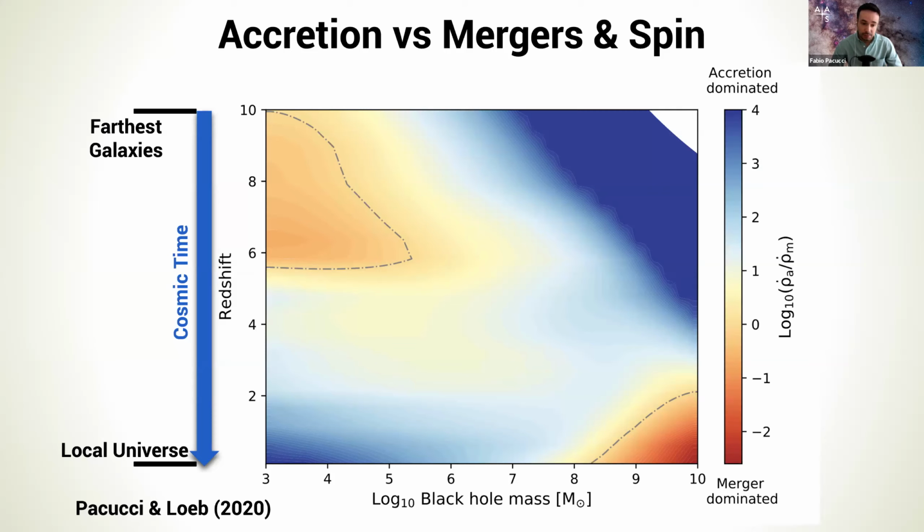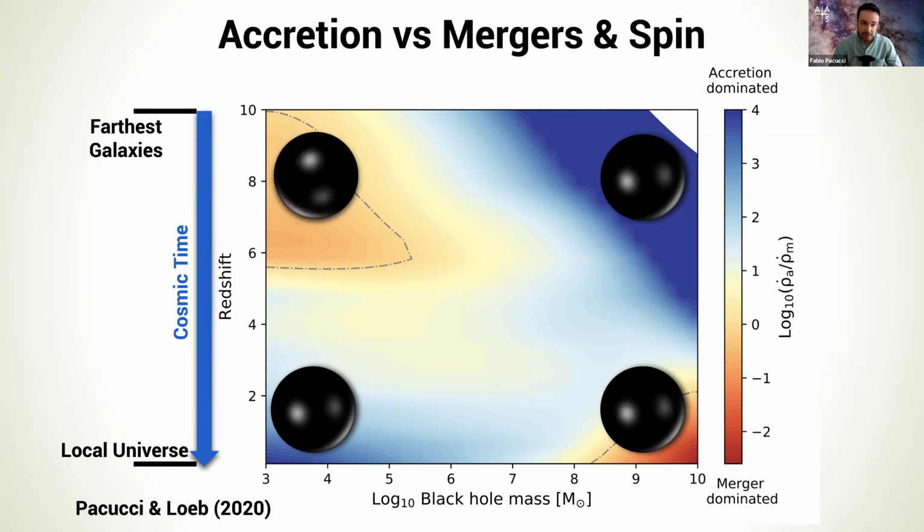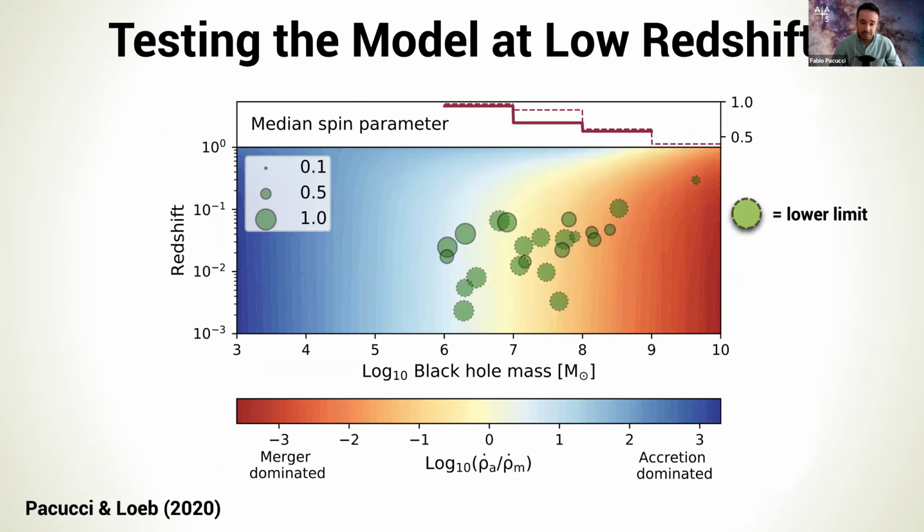So our model predicts that small black holes in the local universe have high spin parameters, just as large black holes in the faraway universe. Instead, large black holes in the local universe and small black holes in the faraway universe are expected to have a lower spin parameter. And we actually tested our model in the local universe.